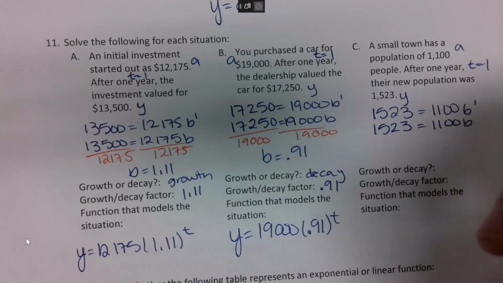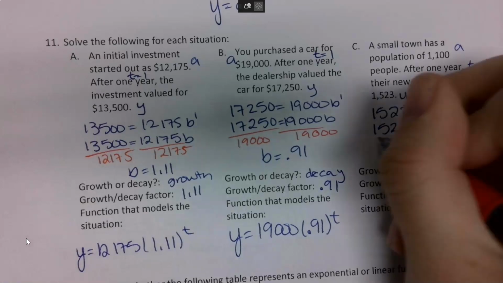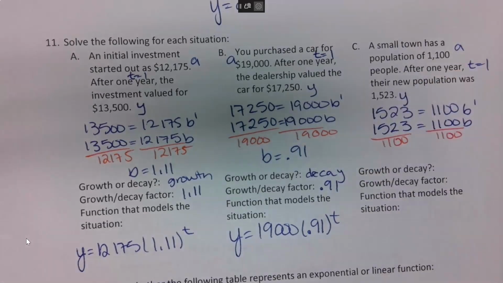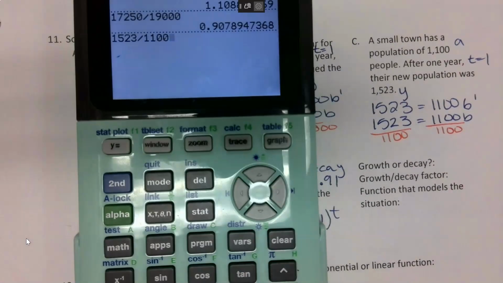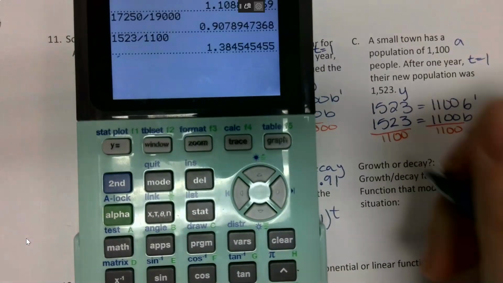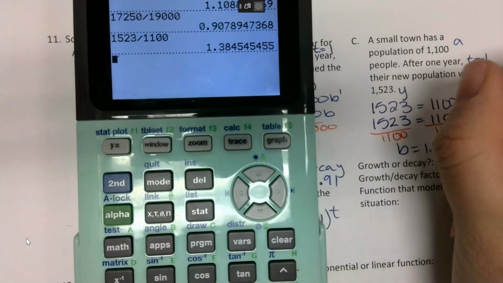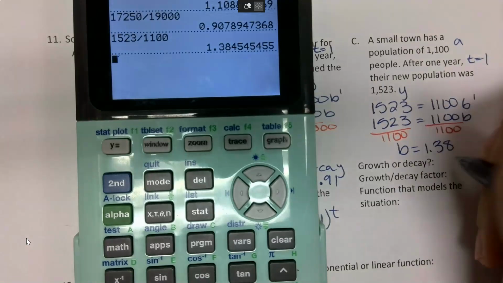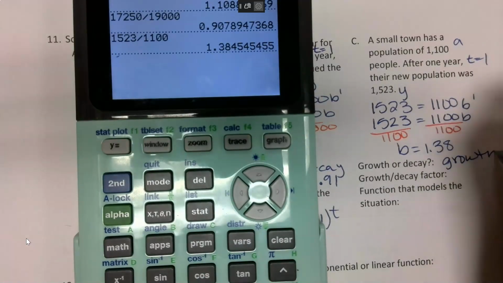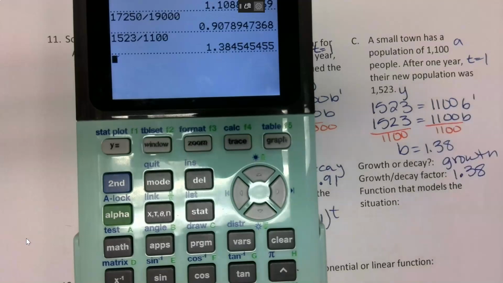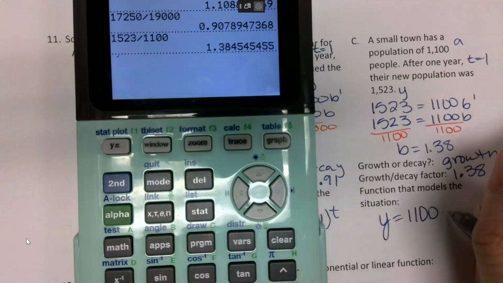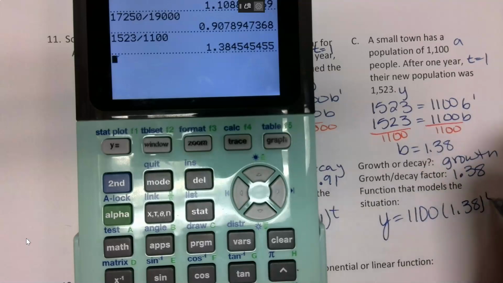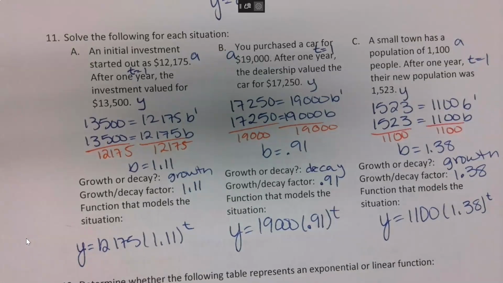Then I want to divide both sides by 1,100. So I get 1.38 for my b. So this is getting larger. It's a growth. And then my growth factor is 1.38. Plugging into the equation, I have y equals 1,100 times 1.38 to the t power.